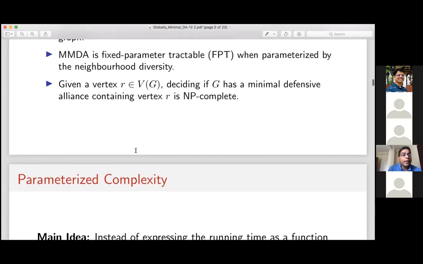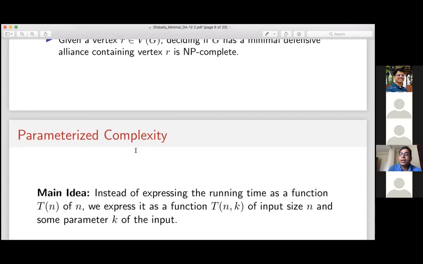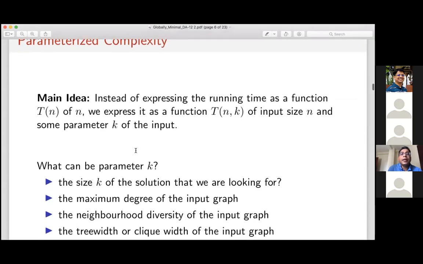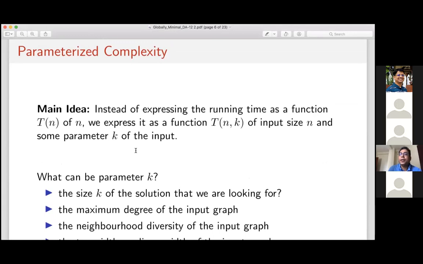Now, as I said, I'll introduce what is parameterized complexity. In classical complexity, when we are solving a problem, we compute the complexity of the problem, I mean, the time requirement. In computational complexity, the time is the number of basic operations we need to solve that problem.